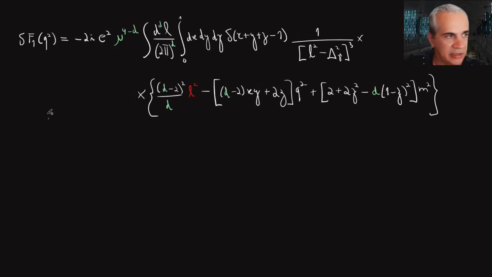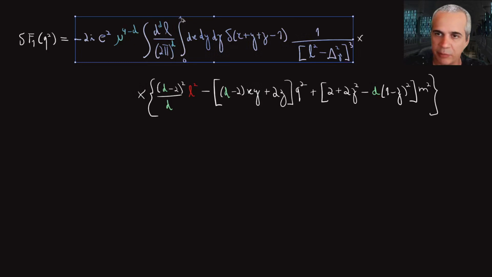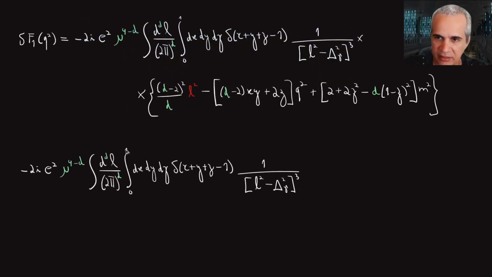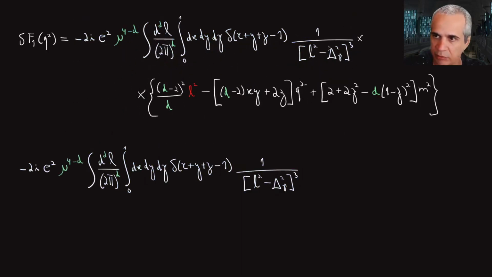So I'm interested in taking this term. Let me copy the part that interests me. We'll calculate both, but let's start with this one, which is this whole common part multiplied by this thing here. I want to know how this integral behaves.